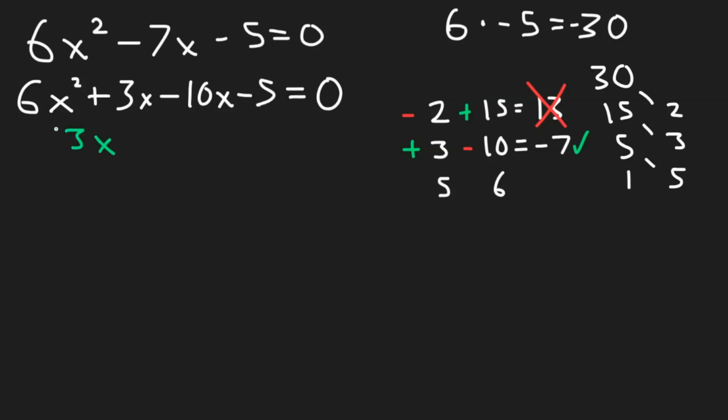Next, we take 3x as a factor from the first two terms. Then, we take negative 5 as a factor from the last two terms.